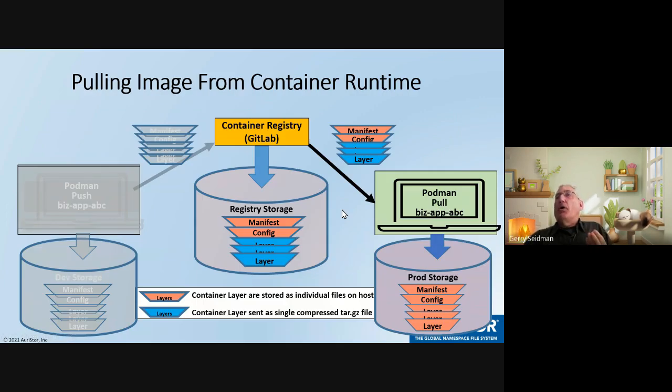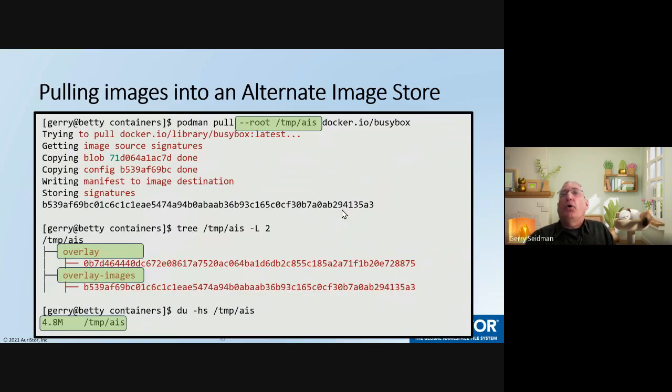When you do a pull, it looks like any pull, but you pull into a specified copy. So you have that directory structure multiple times in multiple places, depending on how many you have.